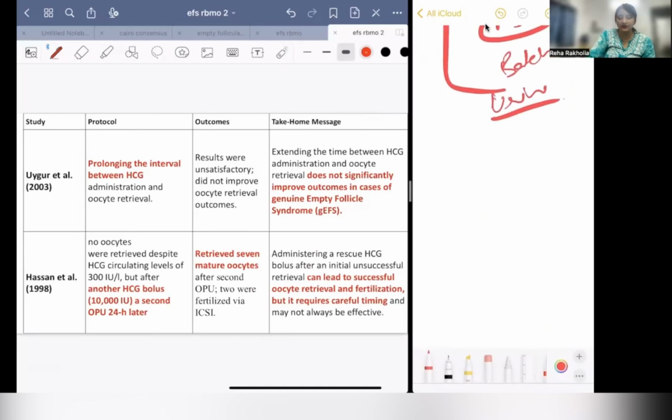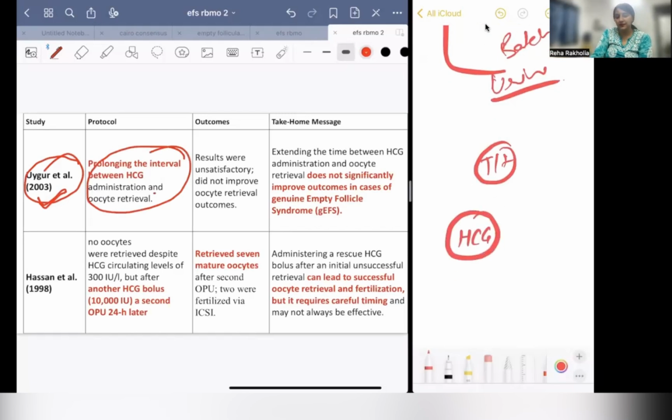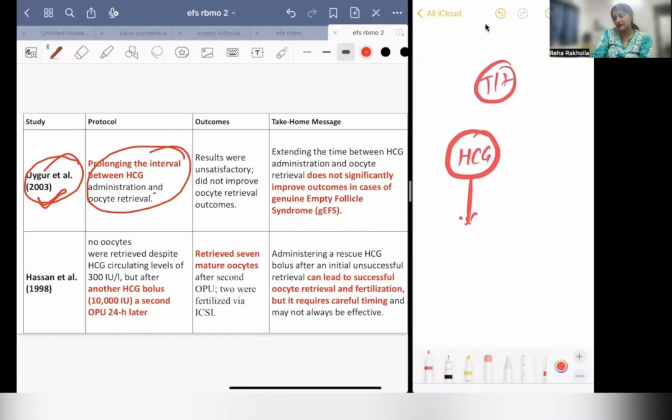Now we are talking about the treatment of genuine empty follicular syndrome. First we'll see the study by Yugur et al. This study prolonged the interval between HCG administration and oocyte retrieval.